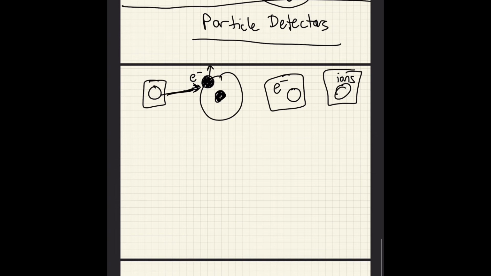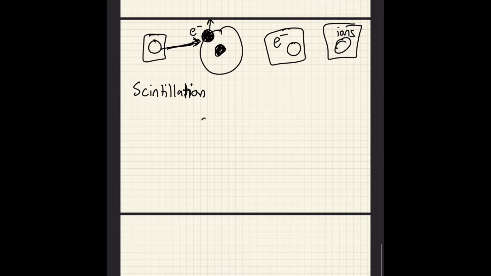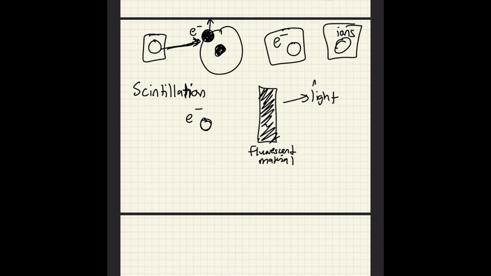So how do we detect this charge? Well, we can use something called scintillation. Scintillation is when a high energy charge, like an electron for example, hits a fluorescent material. This fluorescent material is called that because when a high energy or charged particle hits it, we get a flash of light.